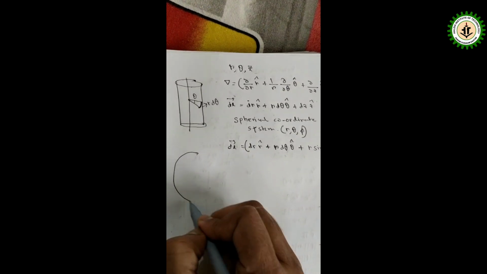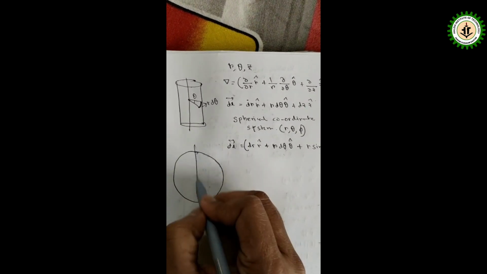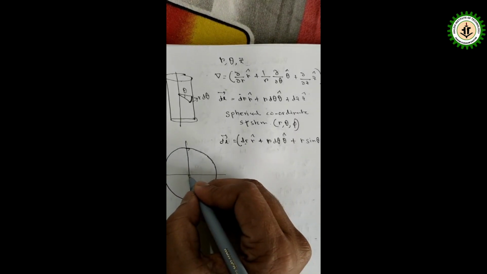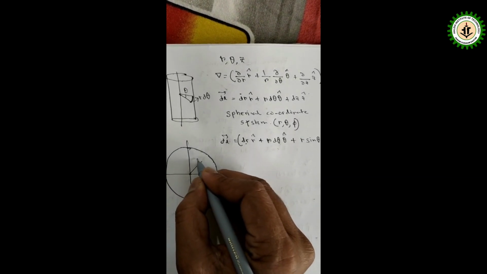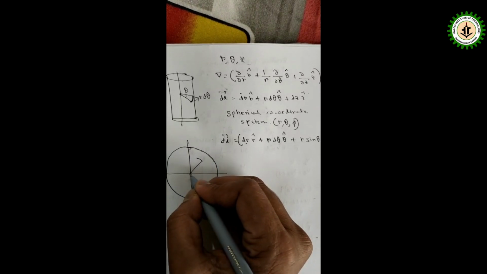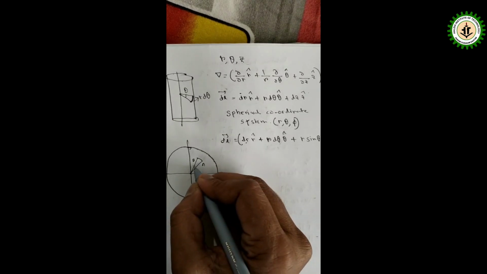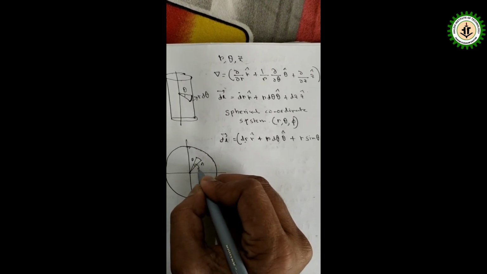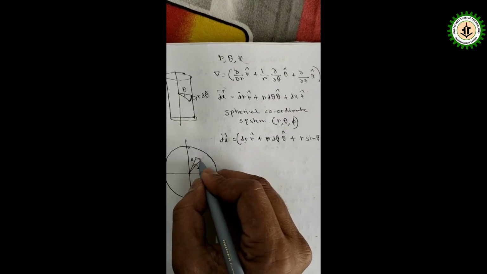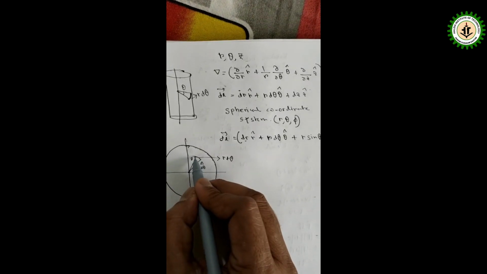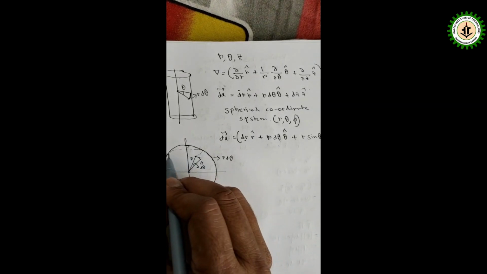Why? If I move along the r direction, the change in length is dr. But if I move from point a to point b, and this angle is d theta, the change in length equals r into d theta.